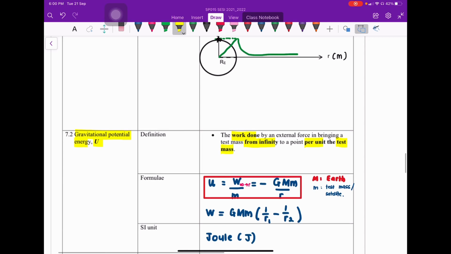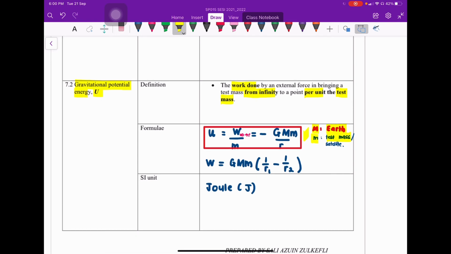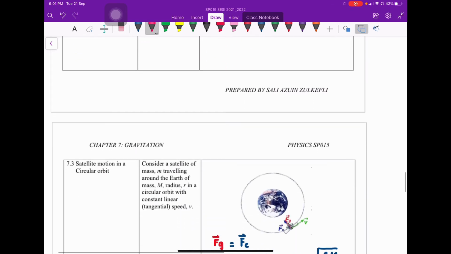So look at the equation here. Be careful, the symbol capital M is Earth's mass, and the symbol small m refers to the test mass. For gravitational potential energy, the unit is joule. Okay, next.